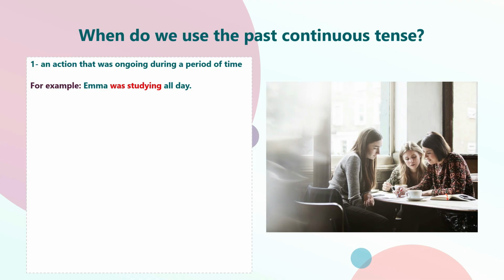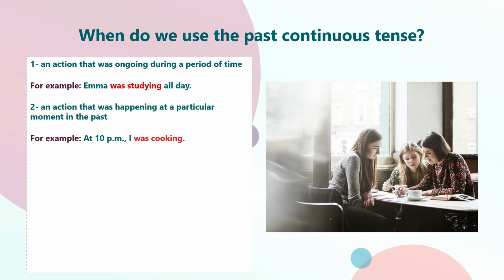We can also use this tense to describe an action that was happening at a particular moment in the past. For example, "At 10 p.m., I was cooking." What's the moment in the past? 10 p.m. And where's the past continuous? Was cooking. Alright? So when would you say something like that?